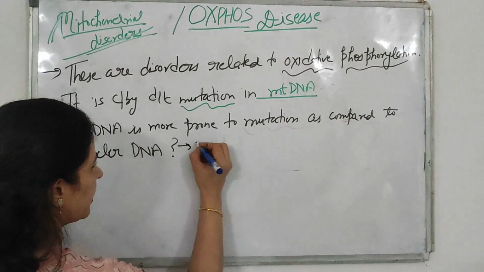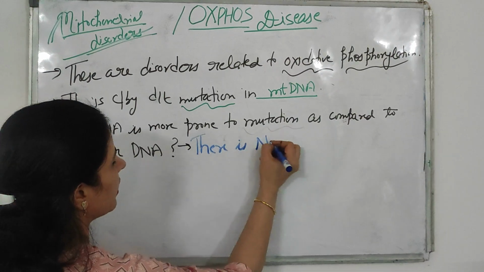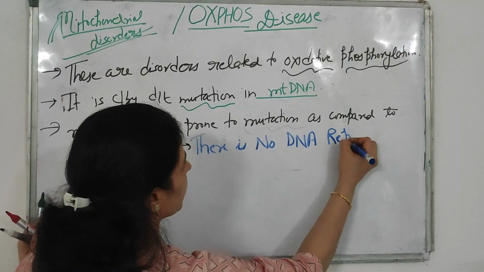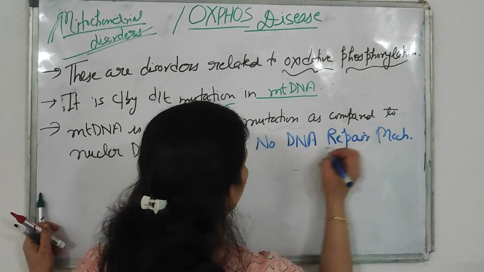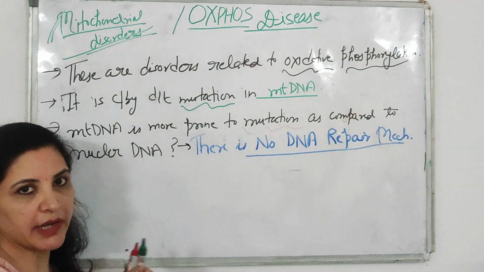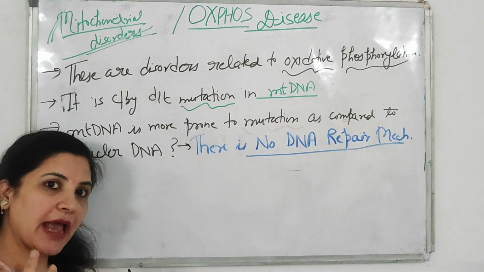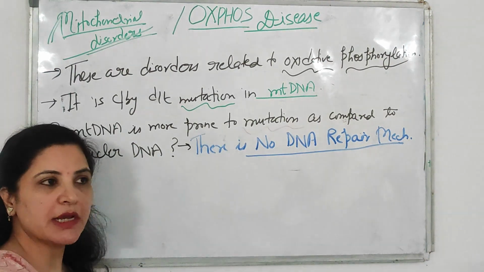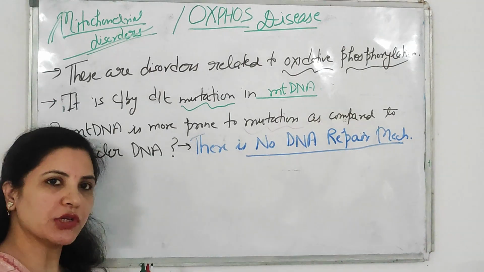Because there is no DNA repair mechanism. If mitochondrial DNA is once mutated or damaged, there is no DNA repair mechanism, as we have seen in the case of nuclear DNA. Once they are damaged, there is no mechanism by which they can come back to their original form.